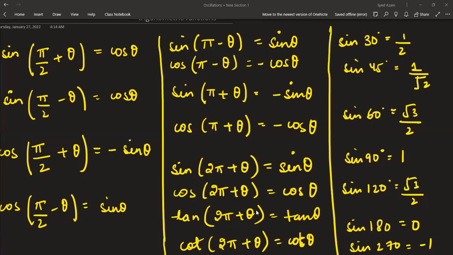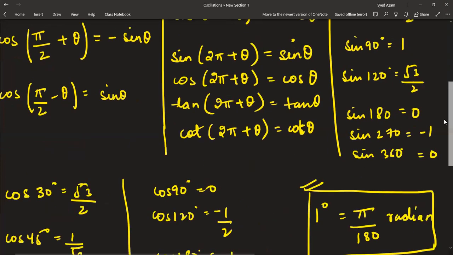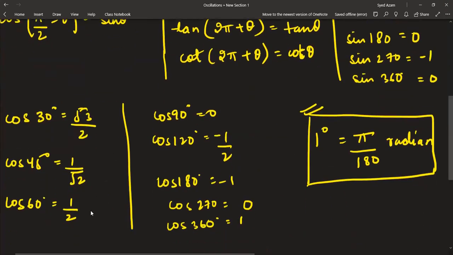And this again is 360 plus, this is sometimes used. And then the values: sine 30 degree, 45 degree, 60 degree, 90 degree, 120 degree, sine 180, sine 270, and then cos 30, 45, 60, cos 90, 120, 180, 270, 360.